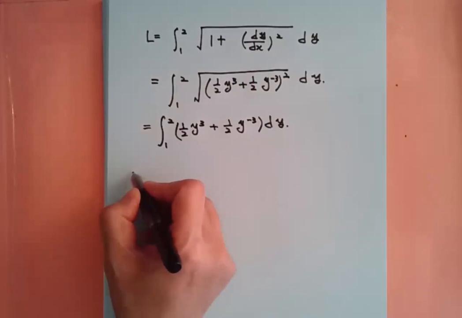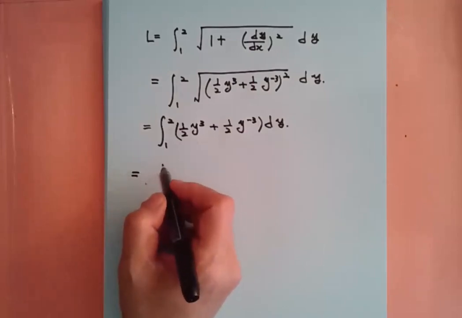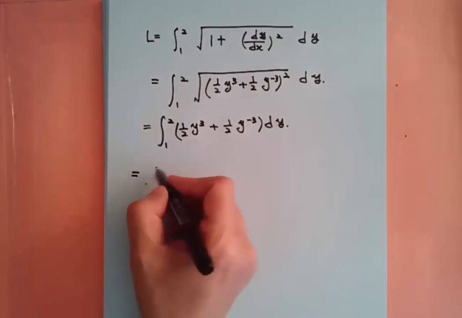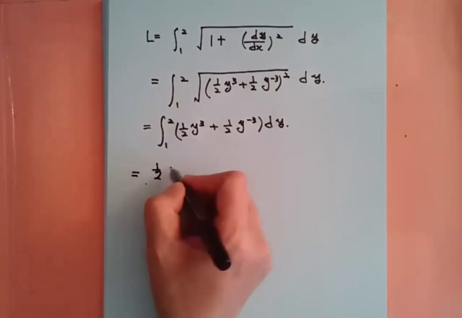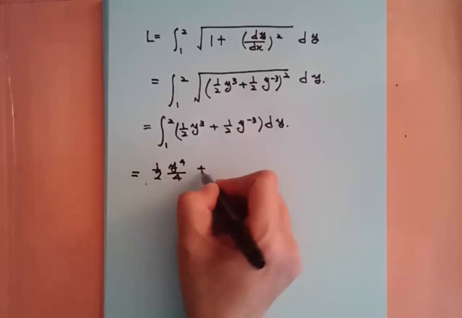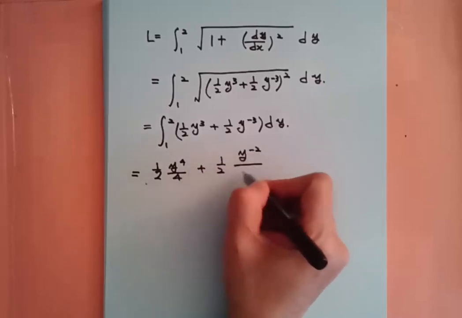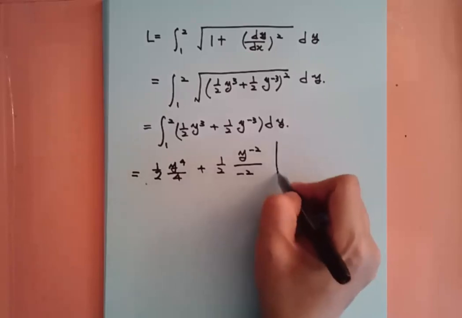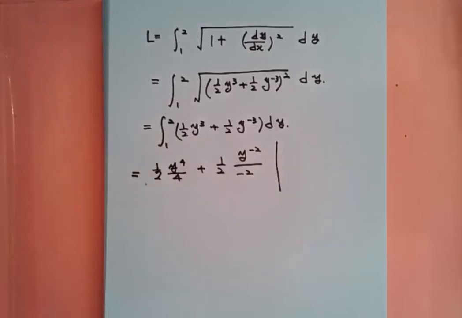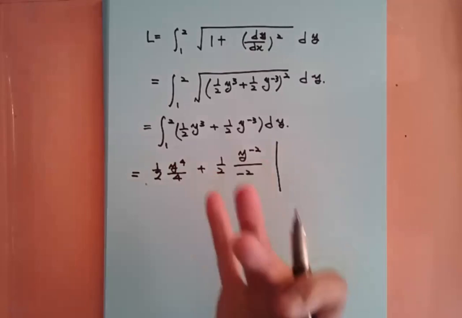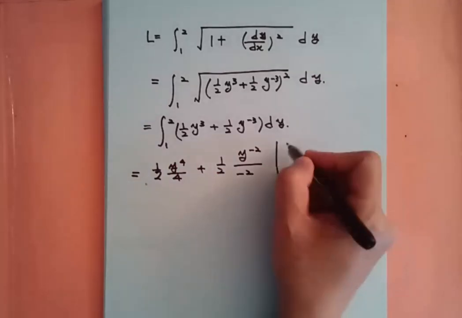So we do term by term integration. So 1 over 2 y to the 4th power over 4 plus 1 over 2 y to the negative 2 power over negative 2. We just add 1 to the power and divide by the same one.